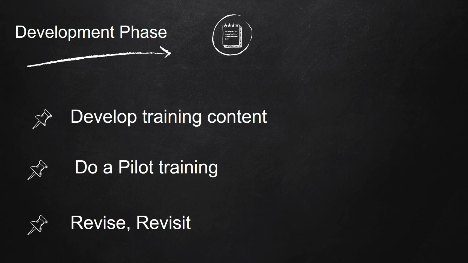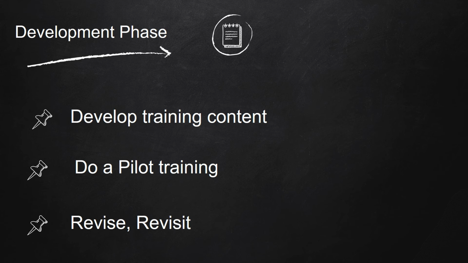Whatever it is, we now have to develop the delivery media. And once the information display, practice exercise, and delivery media are done, then we should think of how we are going to deliver it. It could be a classroom, it could be online, or it could be blended. All these come under developing the training content.